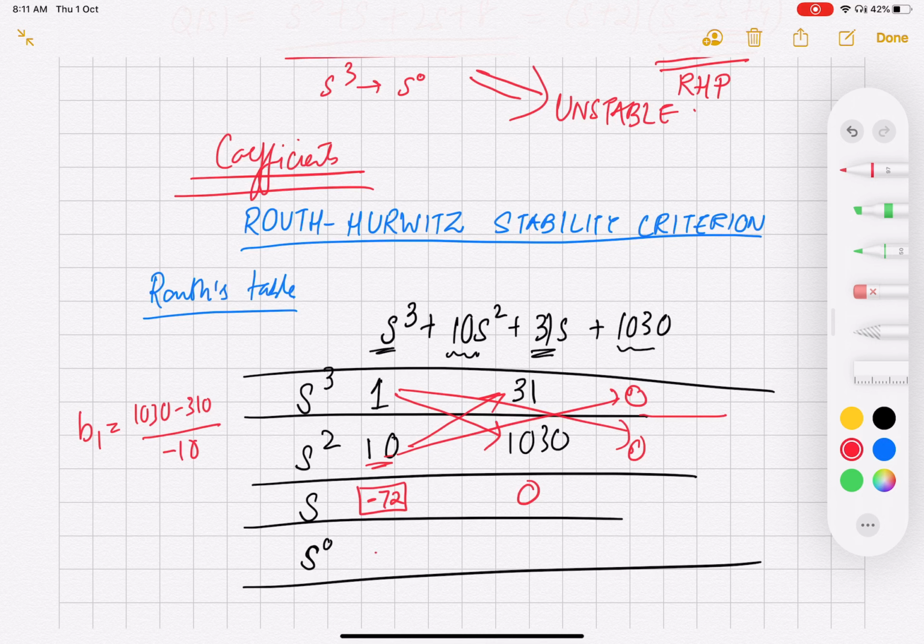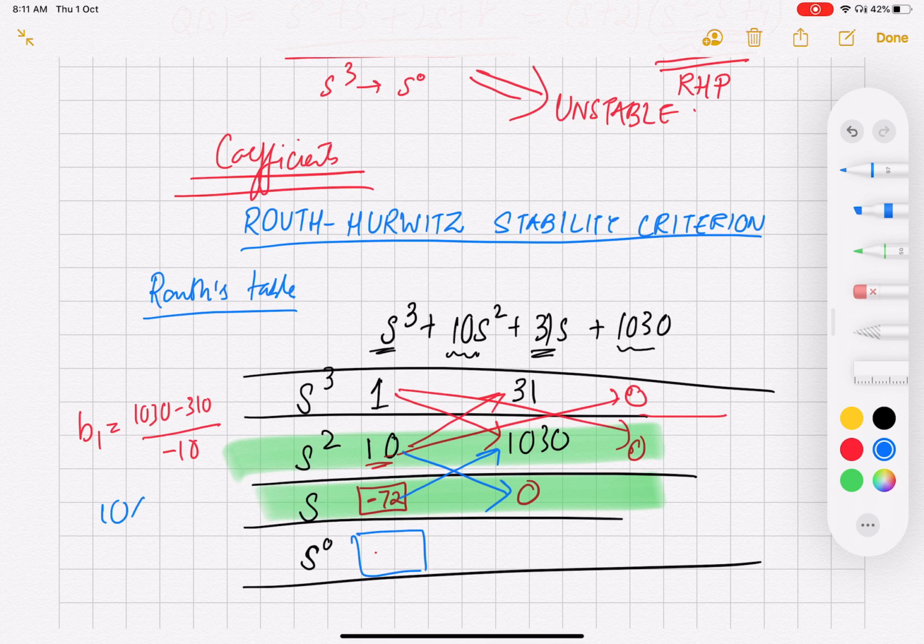Then for this term here, I take the two rows above it. The two rows above it are this one and this one. So in order to find the term C1 here, I take this determinant just above it and divide it by this.